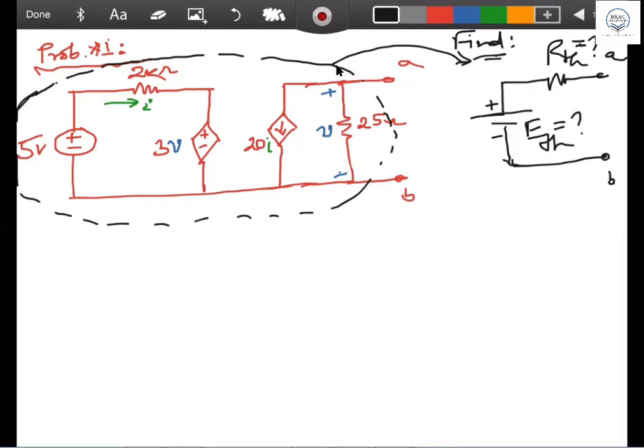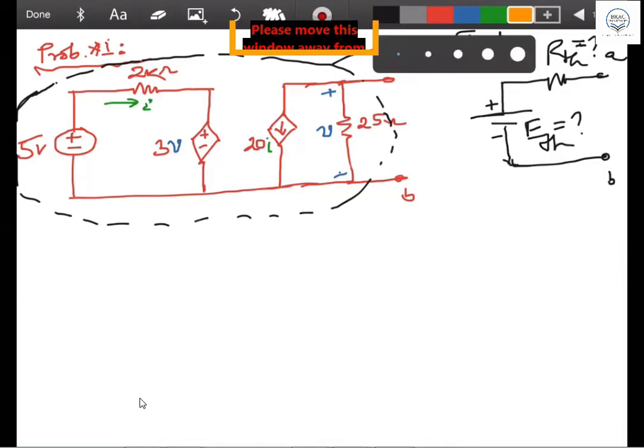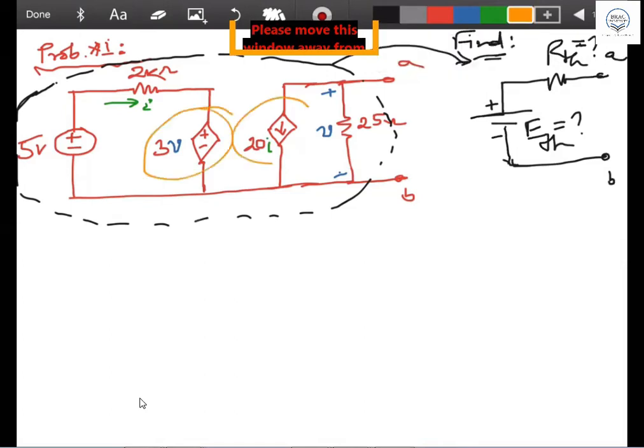So if this is the problem, hey, have you copied? Yes, sir. Good. Now, if you look at the question, these two are dependent sources.